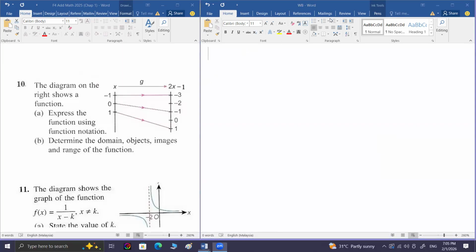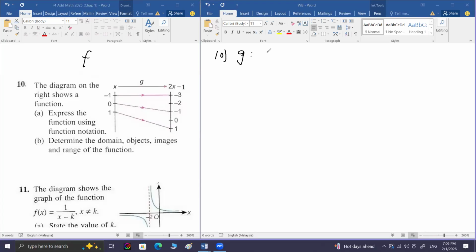Function notation means, class, listen carefully. Can you see the function here using G? Sometimes they might use A, B, C, until anything. Sometimes it can be F or anything. So if it's G, you follow to use G. If it's F, you tell F. This is how we call it map.